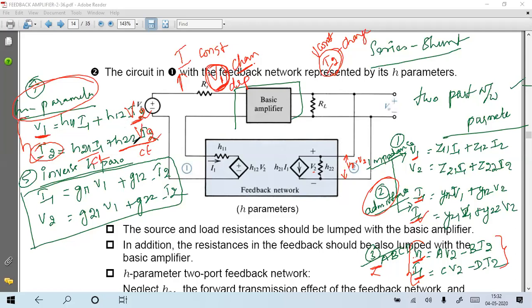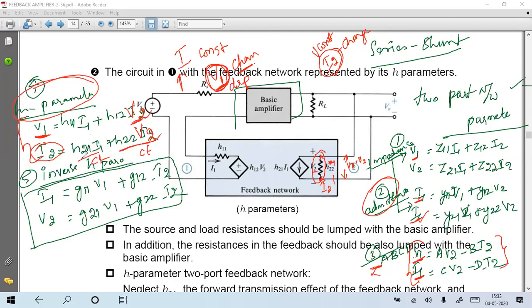The parameter must be in parallel, right? H22 into V2 will give one current. So I will connect H22 in shunt nature, parallel, between this point and this point. H22 is connected. What is the voltage given across it? V2. This is one current, correct? H22 into V2, one current. Call it I2 dash. Next, it should be added with one more current. That current is H21 into I1.